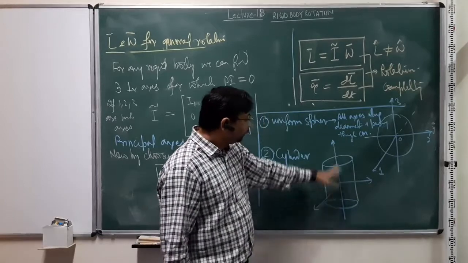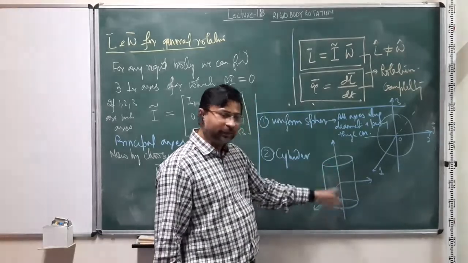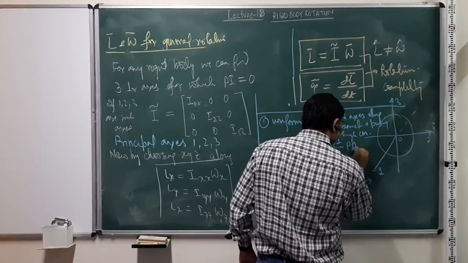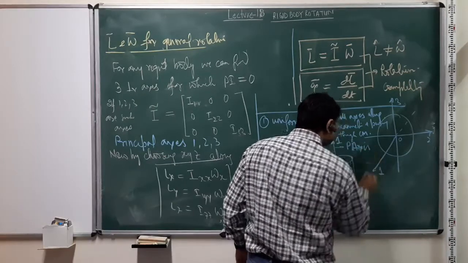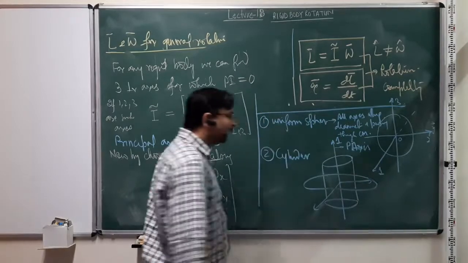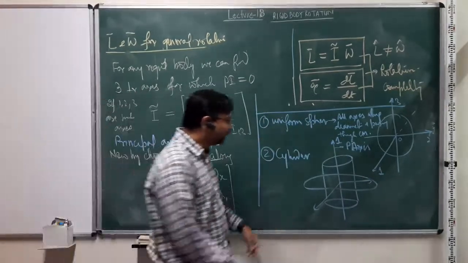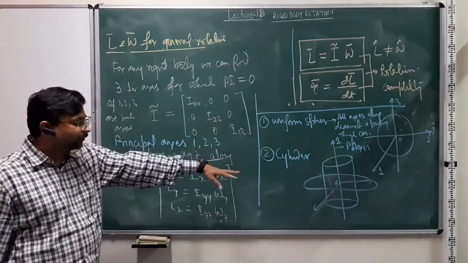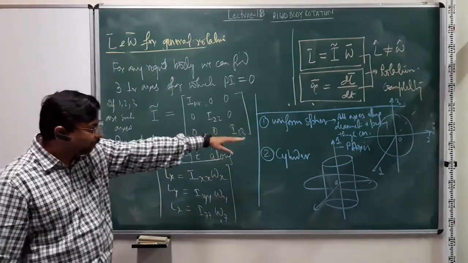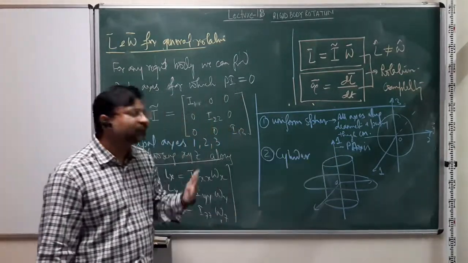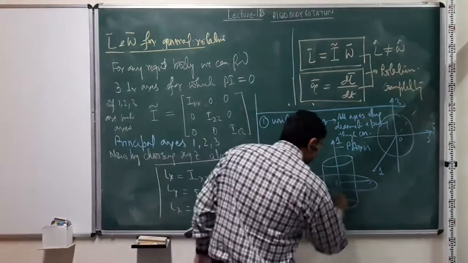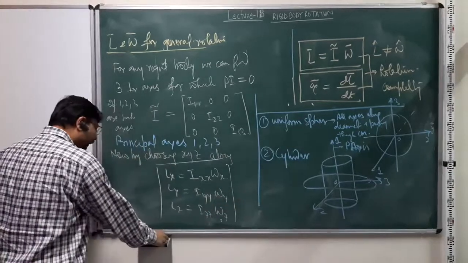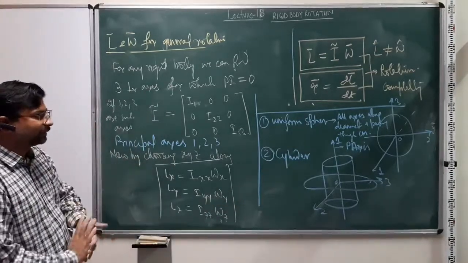The one along the axis of the cylinder is a principal axis, so we'll call it 1. Then any 2 axes passing through its center of mass and perpendicular to each other in the plane normal to this principal axis are also principal axes. So this could be 2 and this could be 3.